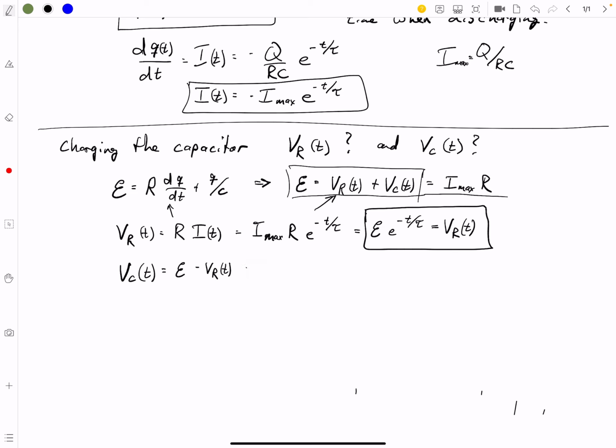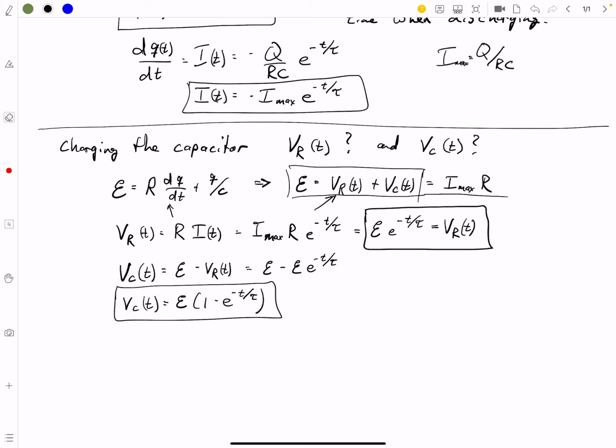So if we write that out, we've got our EMF minus EMF times e to the minus t over tau. Factor out the EMF, and we've got 1 minus e to the minus t over tau. And we now have both of our equations that we were looking to get.